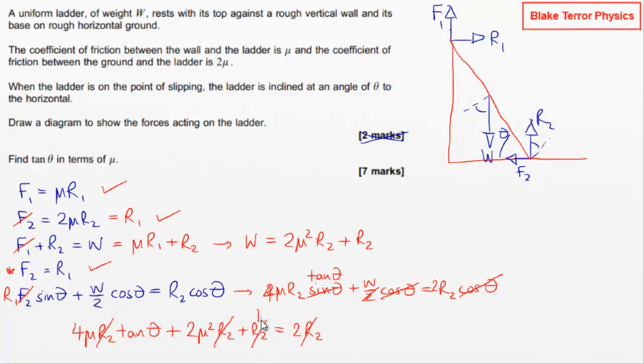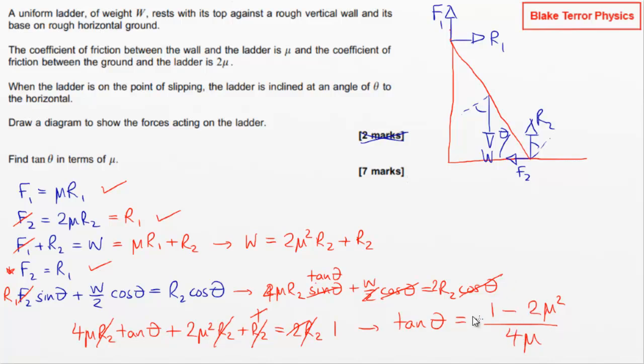That's going to leave a 1 there. We can take that 1 off of the 2 on the other side. So we've now got, rearranging this, I would normally go to another line, but I'm running out of screen. Tan theta is going to be equal to 1 minus 2 mu squared, and then we've got to divide by 4 mu.